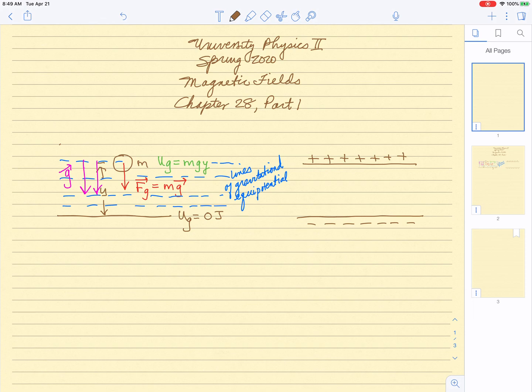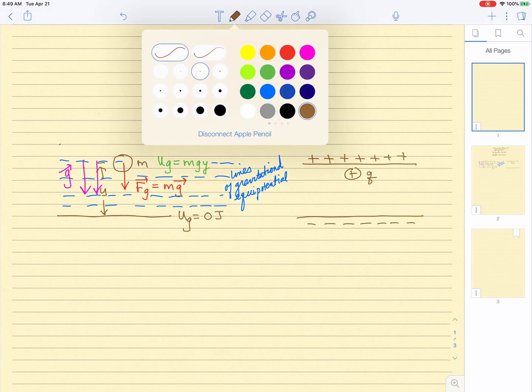electrostatics problem. We generate a parallel plate arrangement of charge, same amount of positive charge on the upper plate as negative charge on the bottom plate. If we were to place a positive charge, say, at this position, again, we know a lot about that problem, right?